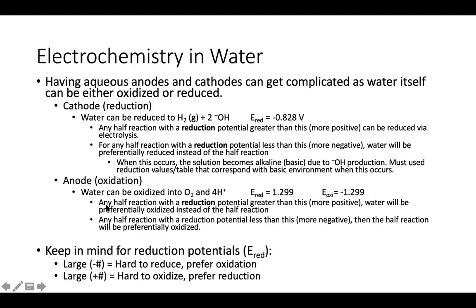The key point, in terms of reduction potential because that's how the chart is laid out: any half reaction with a reduction potential more positive than the reduction potential of water being oxidized, then water would preferentially be oxidized instead of the half reaction.